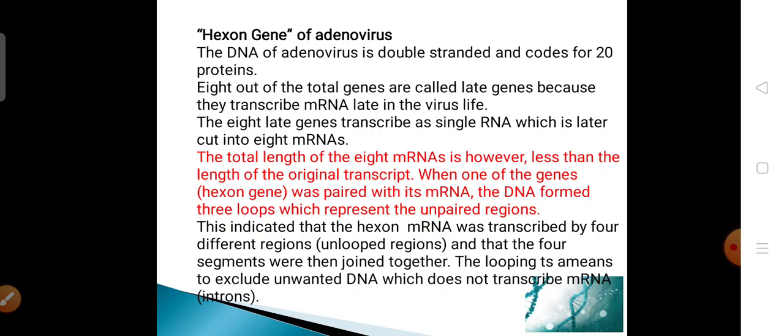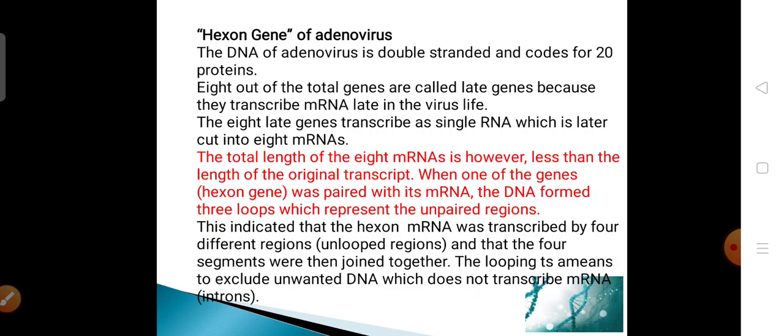So the DNA formed 3 loops, telling us that the looped region is the unpaired region, which will not pair with the mRNA, because that part of the DNA is not present in the mRNA.